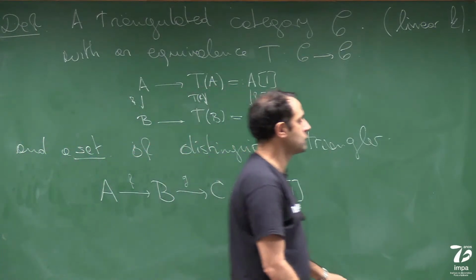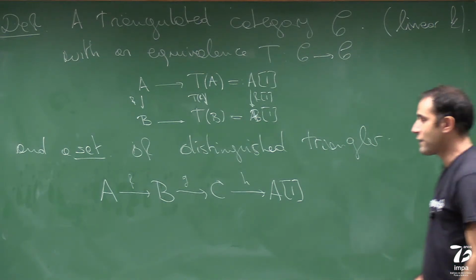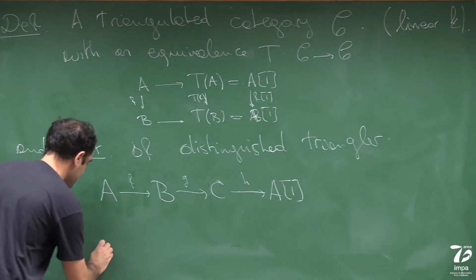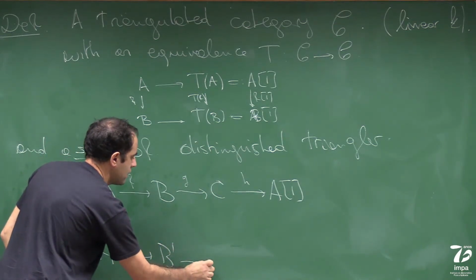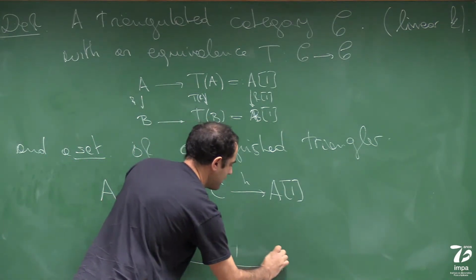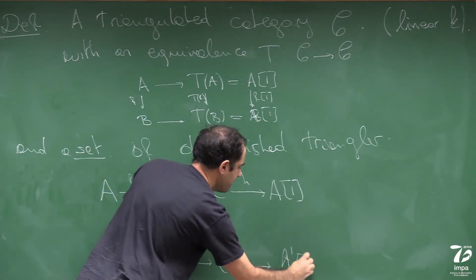If you give me 2 distinguished triangles, I would say that I have a morphism of distinguished triangles. Suppose that you have another distinguished triangle, A prime, B prime, C prime, and A prime shifted by 1.